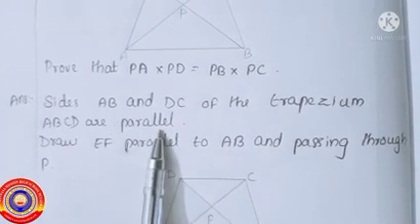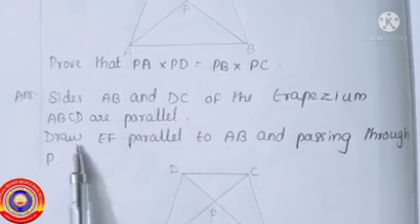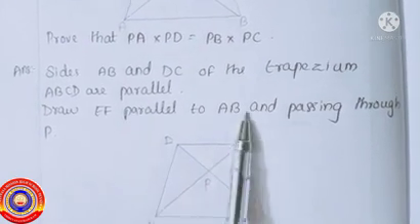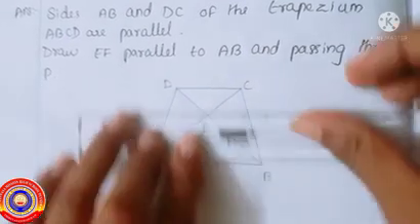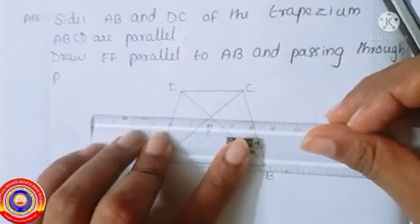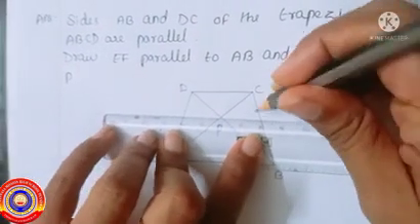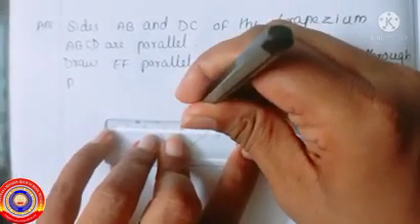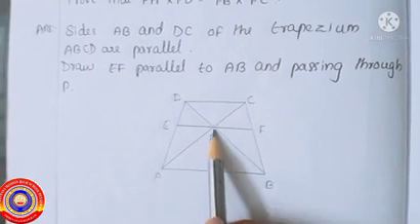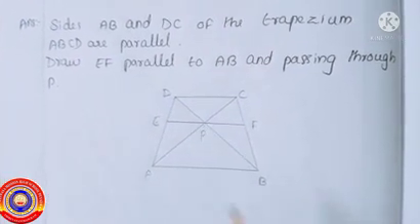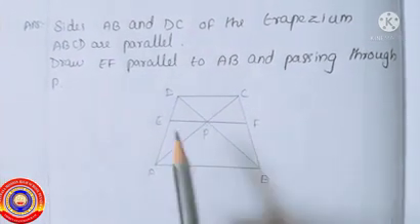Then draw EF parallel to AB and passing through P. Now let's draw the line EF, which is parallel to AB, passing through the point P. Now lines AB, EF and DC are parallel.